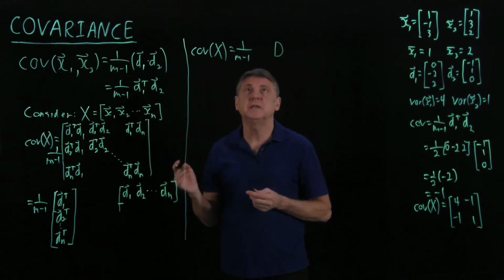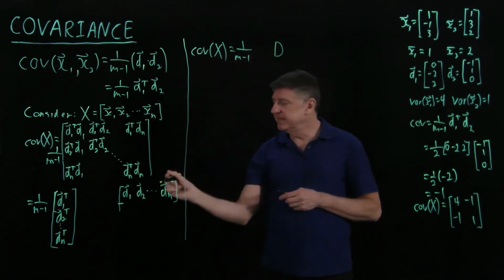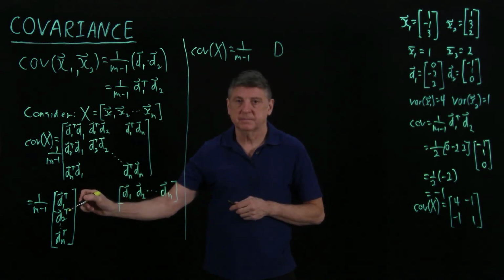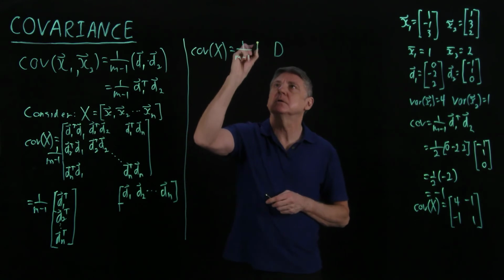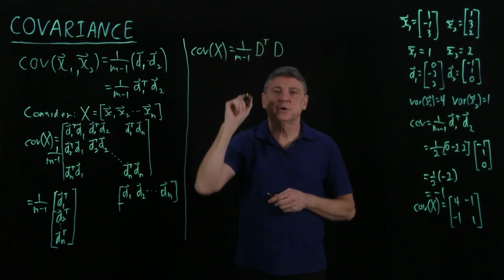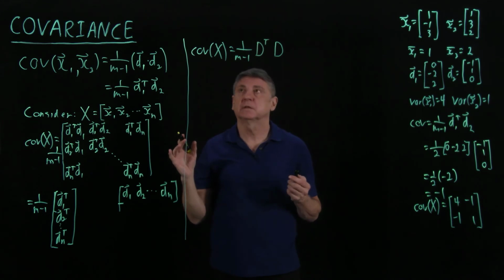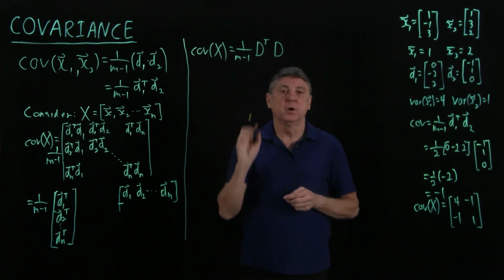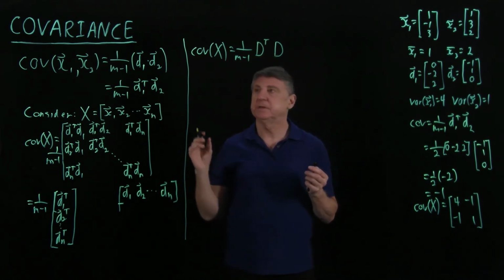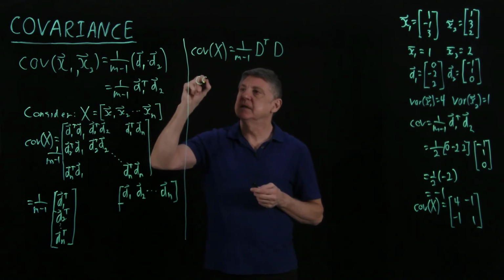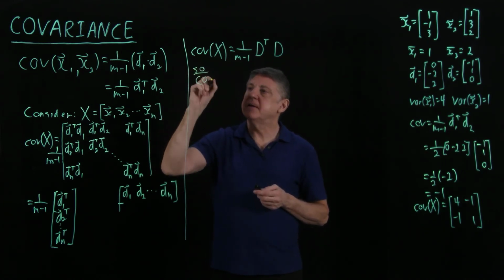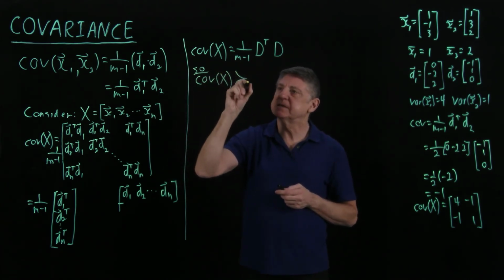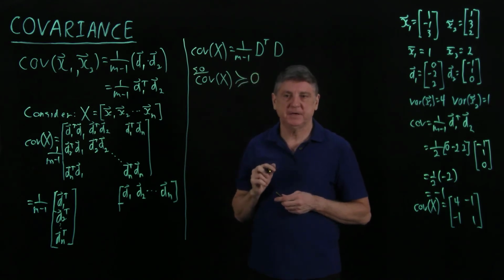So this matrix is D. So what does that make this matrix? It's D transpose. So by construction, this is symmetric. And when it has this form, that means that the covariance matrix of any design matrix has to be symmetric and positive semi-definite.